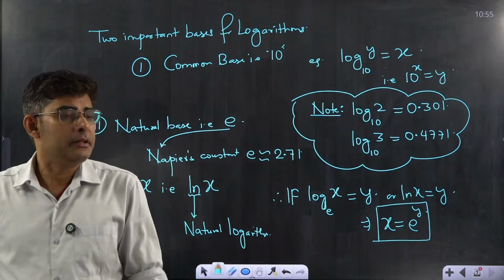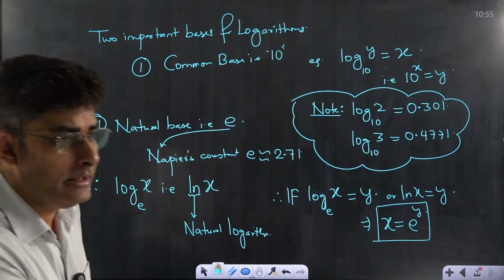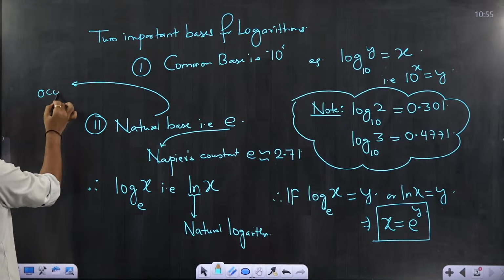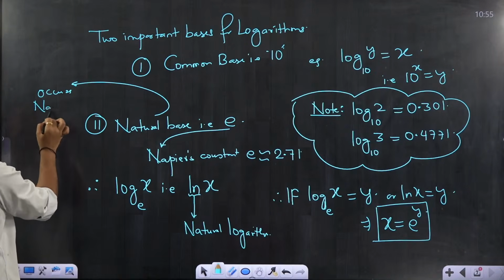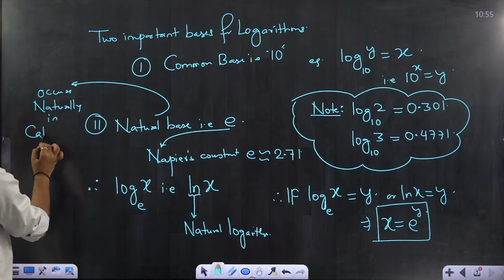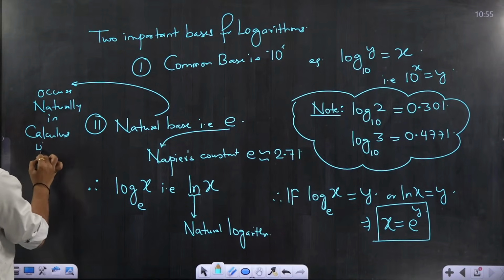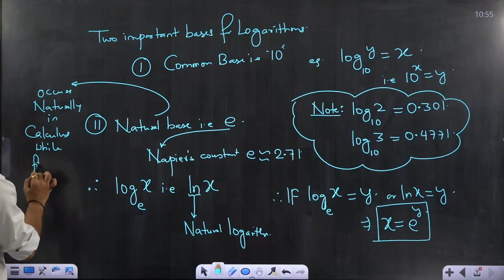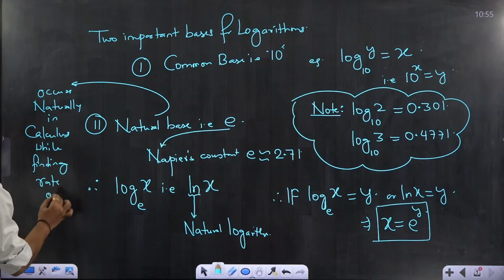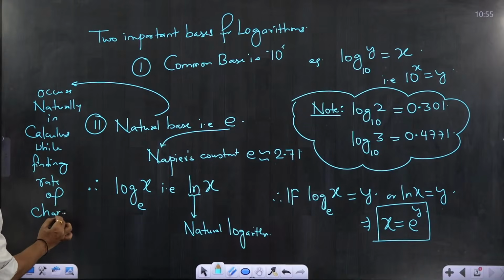So it is a naturally occurring base in calculus. While calculating rate of change, it occurs naturally.